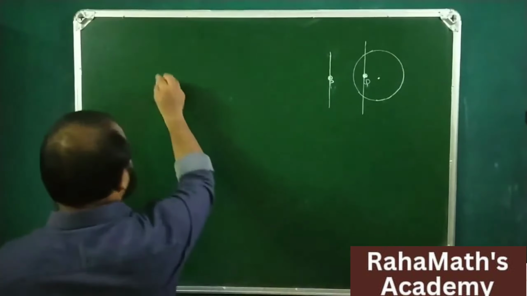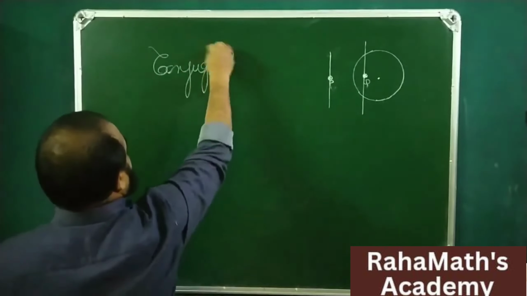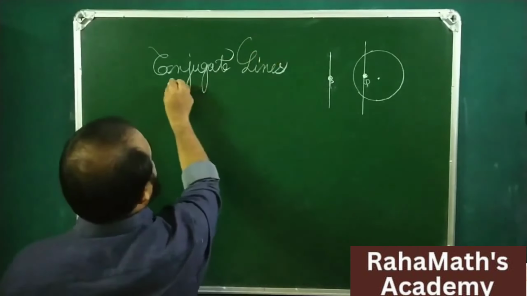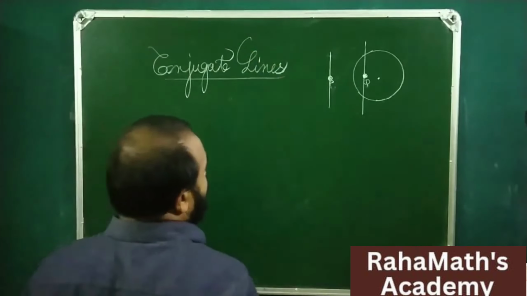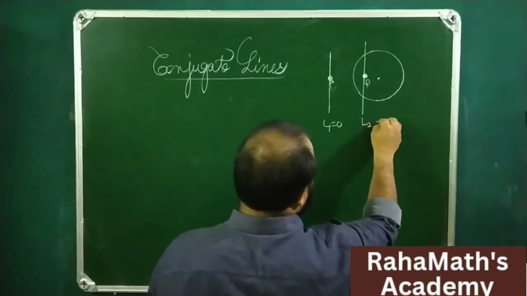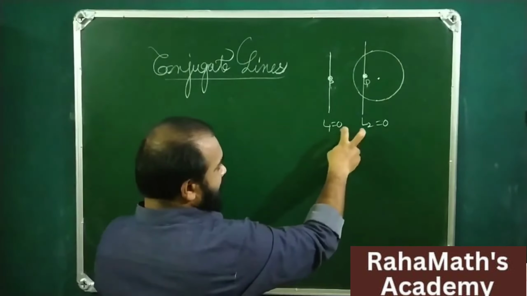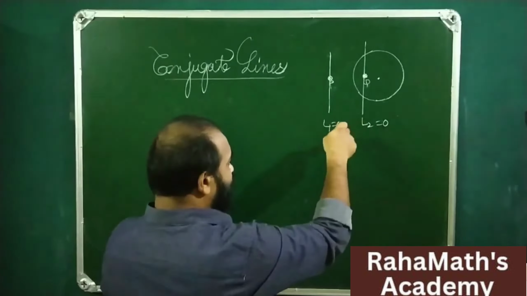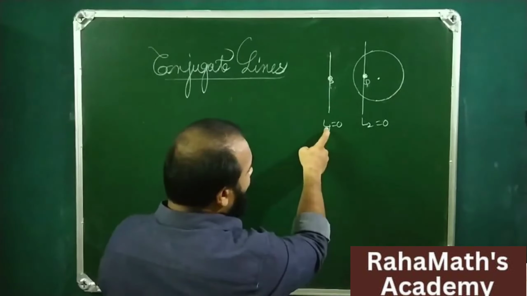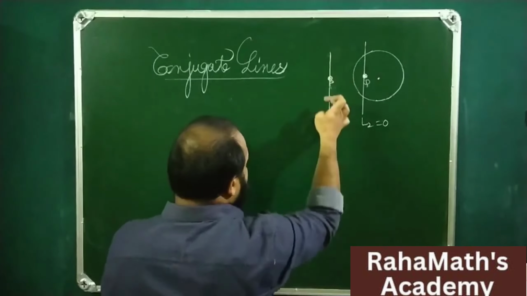And now conjugate lines. For example, this is L1 equals to 0 and this is L2 equals to 0. The lines L1 and L2 are said to be conjugate lines if the pole of this L1 equals to 0. So this is a line.